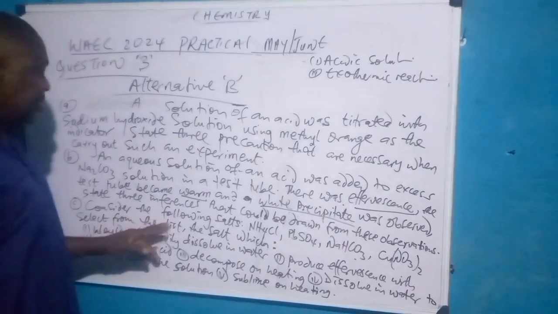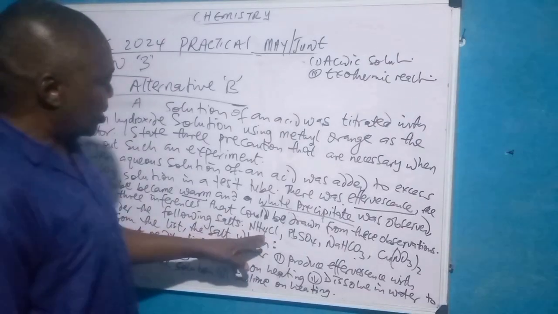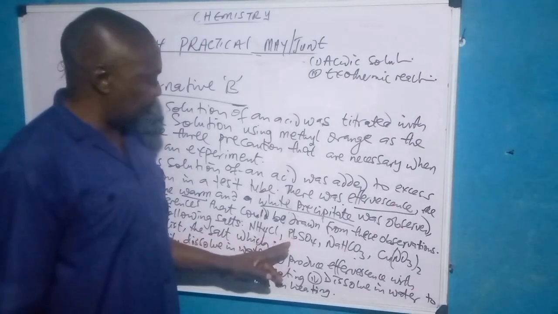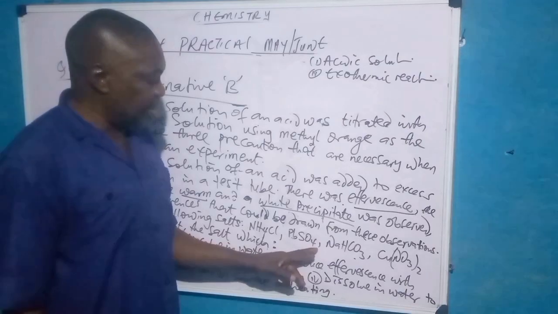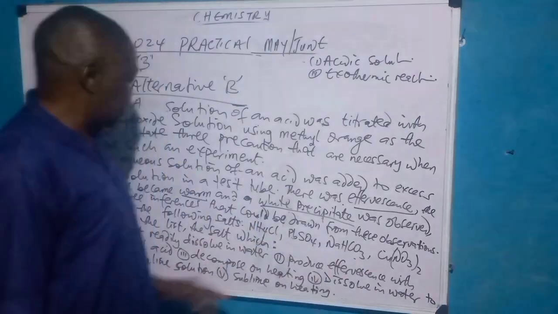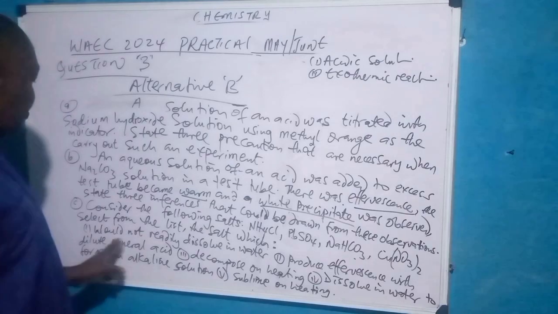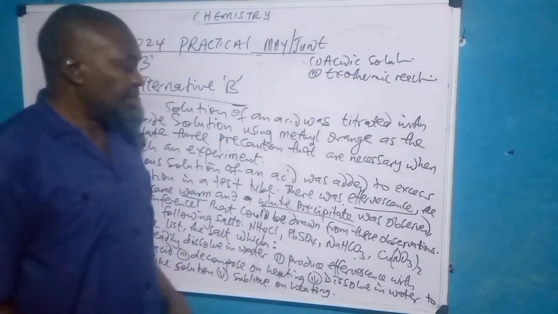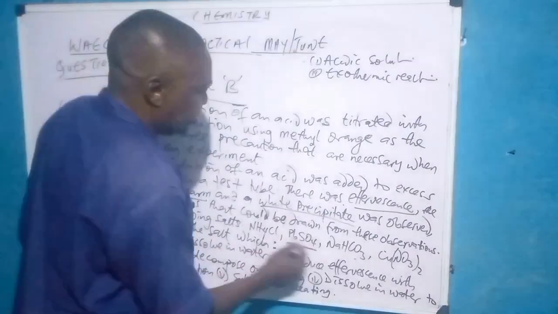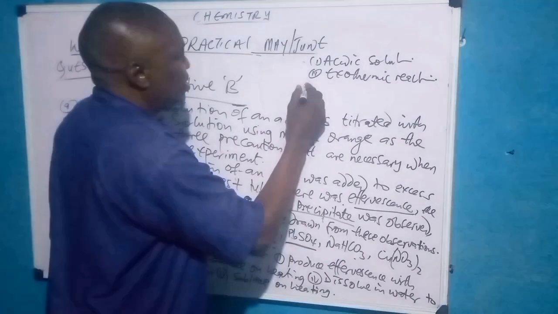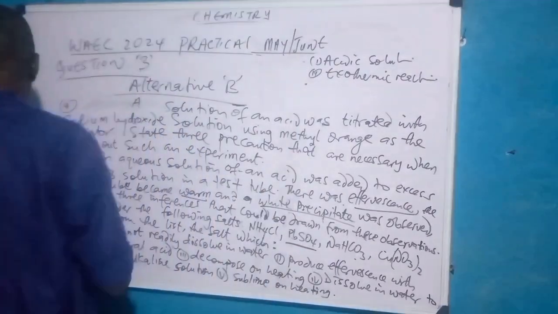Then consider the following salts: ammonium chloride, NH4Cl, PbSO4, and the rest. Select from the list the salt which will not readily dissolve in water. If you look at it, this one will not dissolve in water. So the first one, let's say we are done with that.